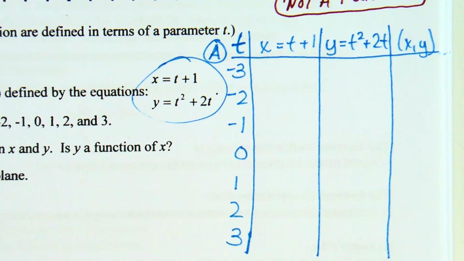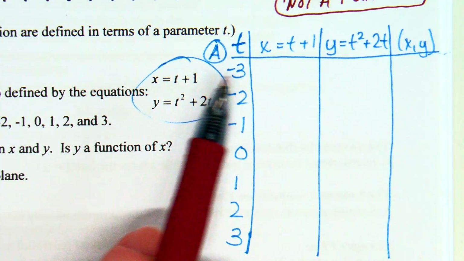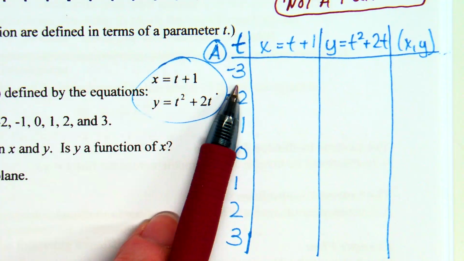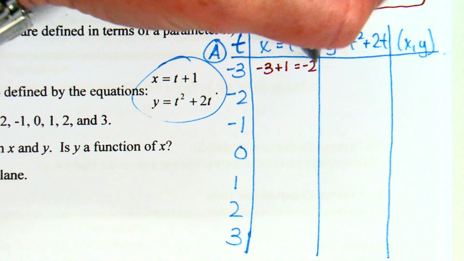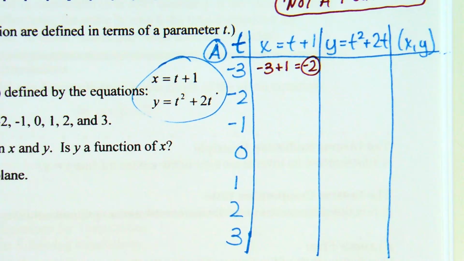Can you do the math with me? t is -3. How do I find x? Add 1, right? I'm not going to write work down for all of them, but I will for the first row or two. -3 plus 1 is -2. t is -3. How do I find y?